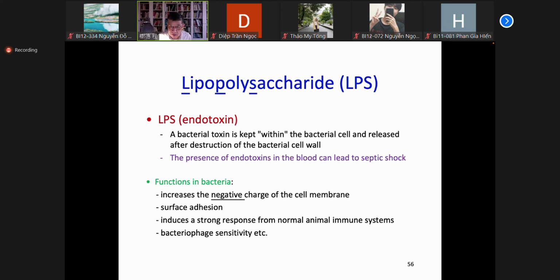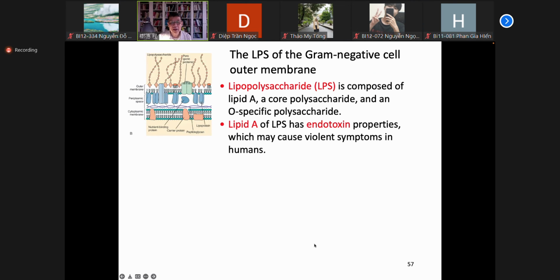So if bacteria get into the bloodstream and release this LPS, then the patient will get into septic shock. This is the importance of the lipopolysaccharide. Lipopolysaccharide is embedded in the outer leaflet of the outer membrane.